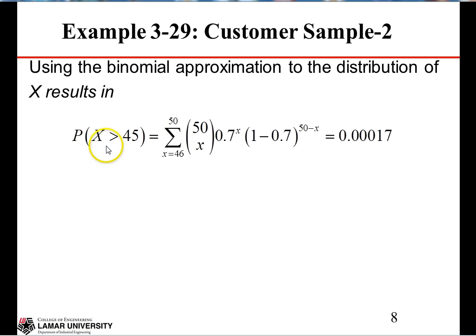So for instance, in this particular case, probability X greater than 45 can be expressed with the probability mass function for the binomial distribution, where P is equal to 700 divided by 1,000, which is 0.7. Success rate P is 0.7.